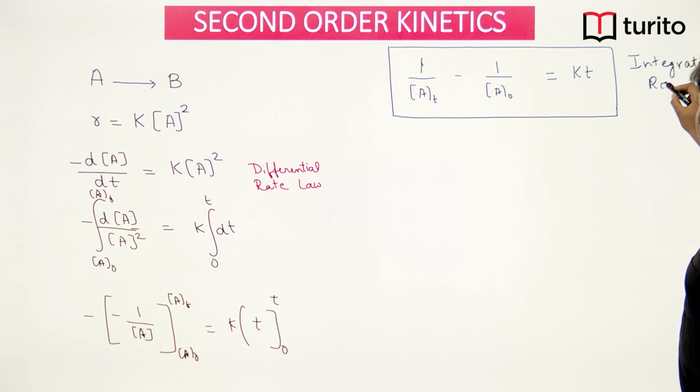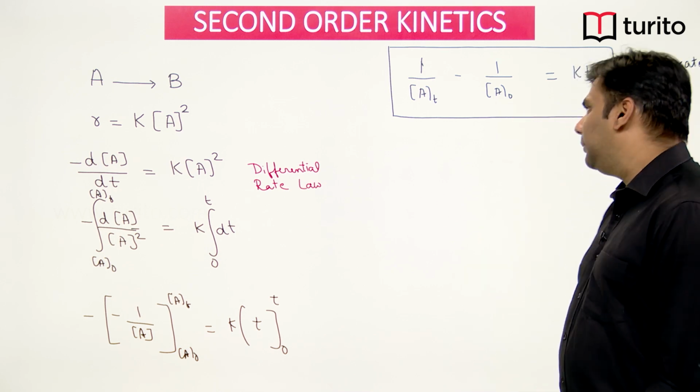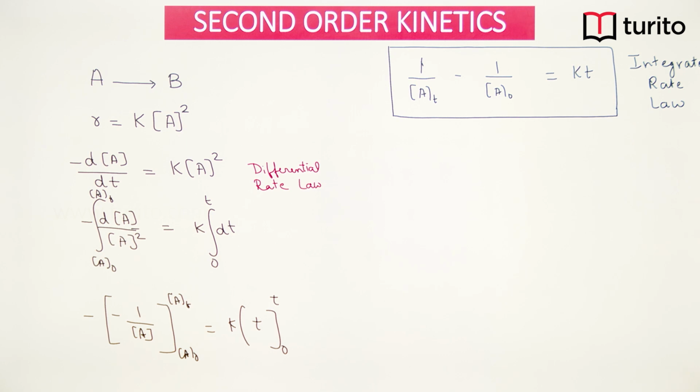So At is the final concentration of A after time t, A naught is the initial concentration of A at time t equals 0.